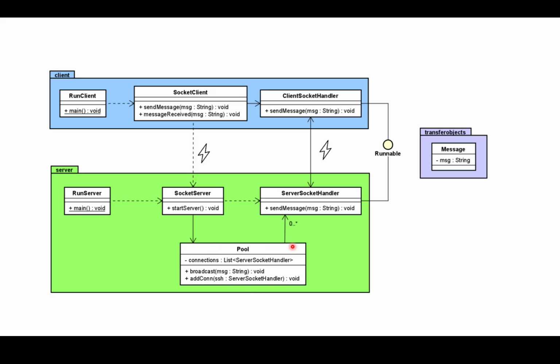We will introduce another concept later on where there is a model down here, and the model is a subject, so it can send out notifications. Whenever a server socket handler receives a notification, it will send that to the client, which will then update an MVVM structure and so on.